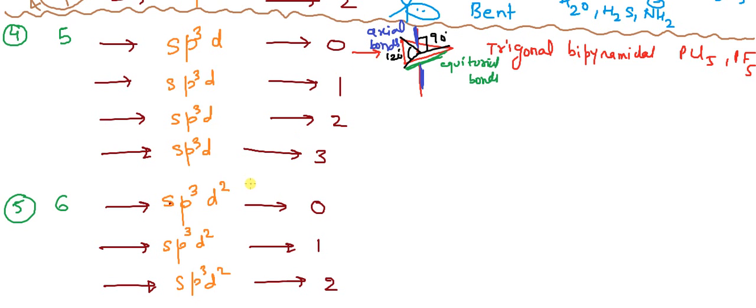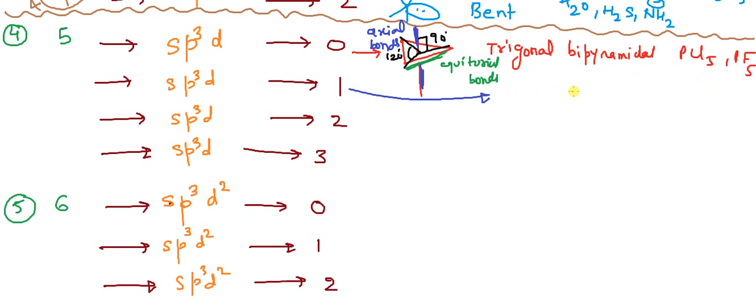Okay, let's take another example. If you have sp3d hybridization and 1 lone pair, now what you have to do is remove any one of the bonds from here. So how can you remove 1 bond? Let's see. The structure is very simple. First you will always remove the bond from the equatorial position, and then from the axial positions.